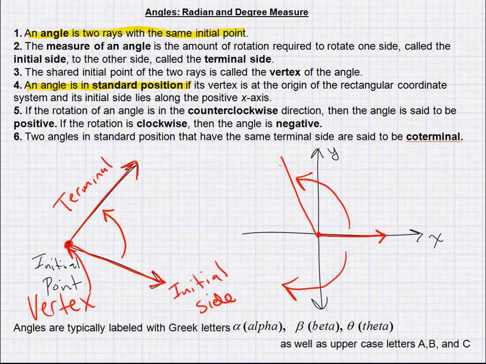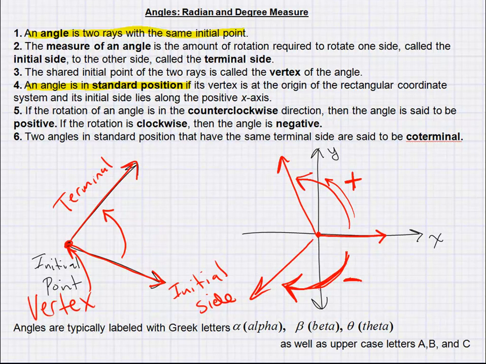If I rotate counterclockwise, the angle that I create will be measured with a positive value. If I go clockwise, this way, the measure of that angle will be a negative value. So if I end up, say, here, from doing it this way, I'd end up with a negative value.